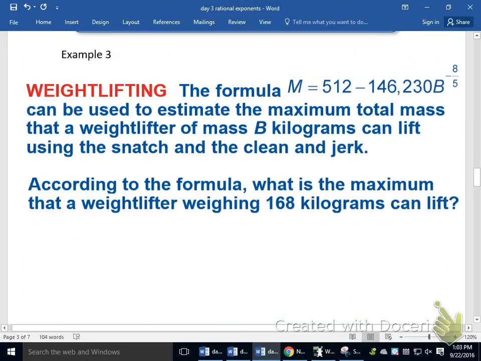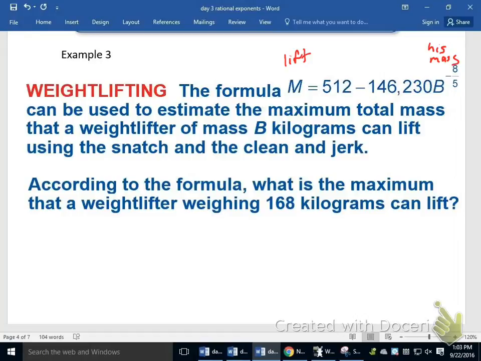Moving on to example 3, though, the formula, the big long formula, can be used to estimate the maximum total mass that a weightlifter of mass b kilograms can lift. I'm going to kind of make a note really quick that m is what he can lift and b is his mass, or her maybe. All right.